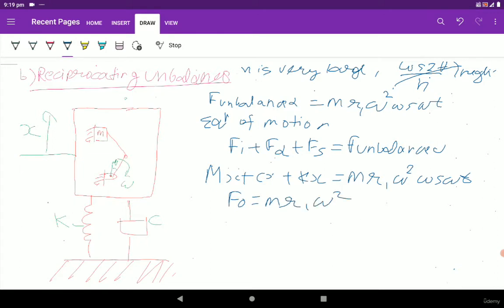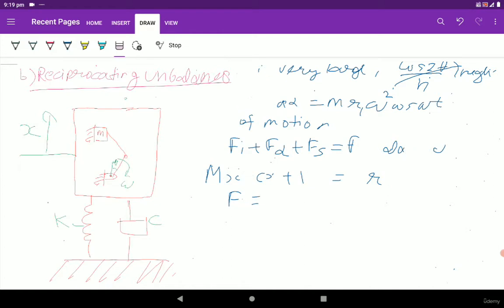So let's calculate the dynamic amplitude.